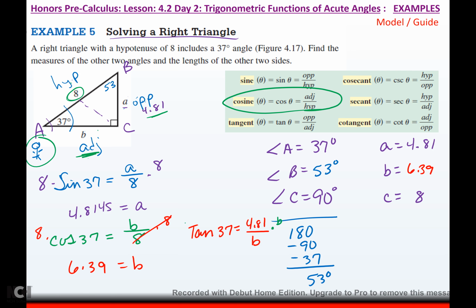You'd have to multiply both sides by b, so that I have b times tan 37 equals 4.81, divide by tan 37, and I can get little b. I would type in 4.81 divided by tangent of 37, and I get 6.38308, blah, blah, blah. And again, it's not exact because of rounding, but it's pretty darn close, yeah?